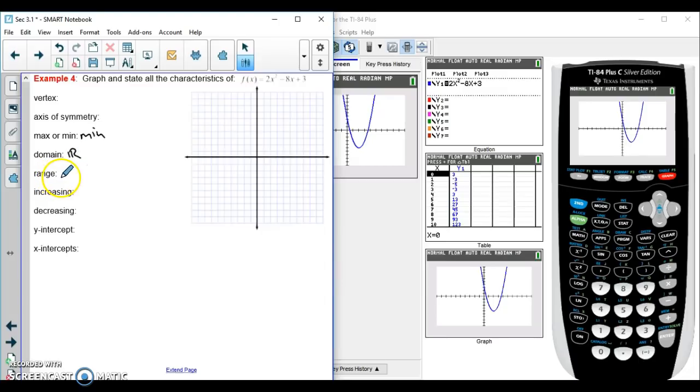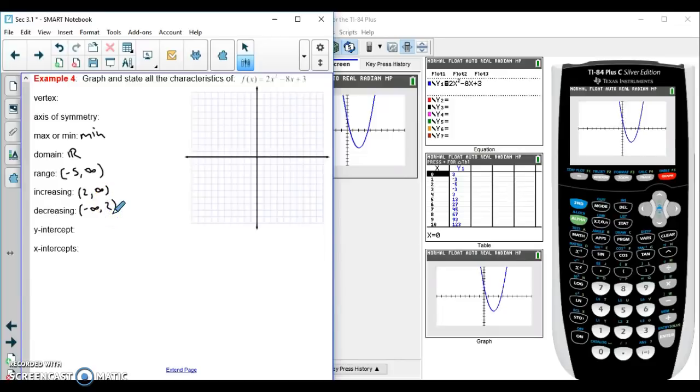My range looks like it stops at negative 5 and includes negative 5 and goes to infinity. Notice my increasing goes from 2 all the way to infinity. And then I also know that my decreasing occurs from negative infinity all the way to positive 2.